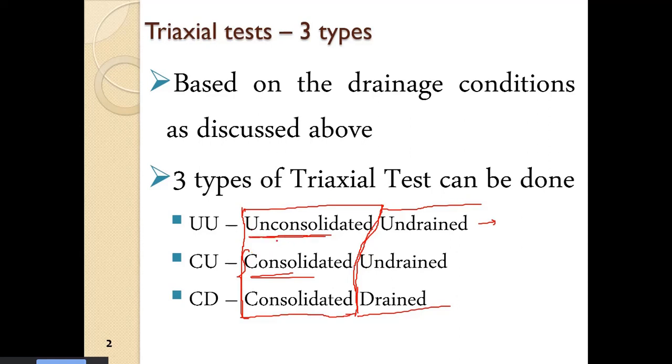We need to understand, if we increase the cell pressure, how the soil will behave and at what point the pore water pressure begins to develop as per the increment of the cell pressure. We will focus on that part first. If this part is clear, how the soil behaves will automatically be clear.